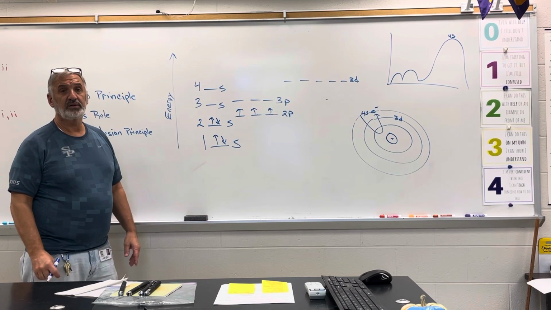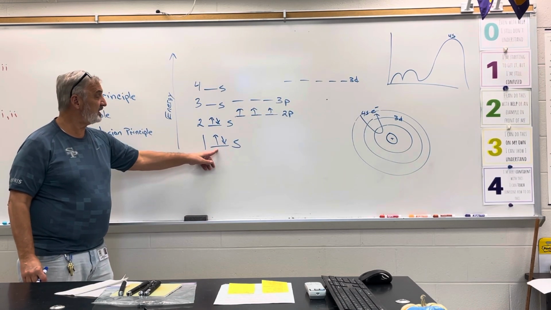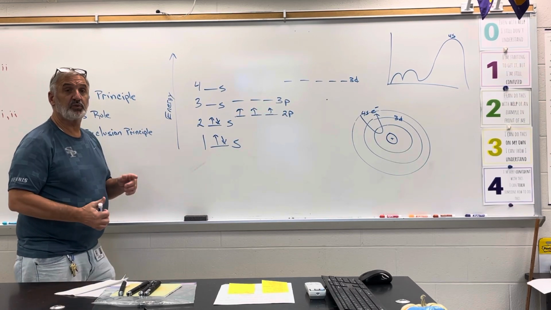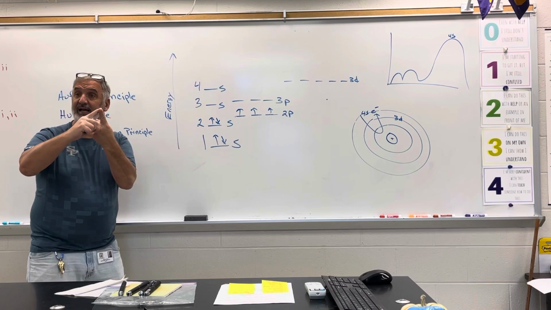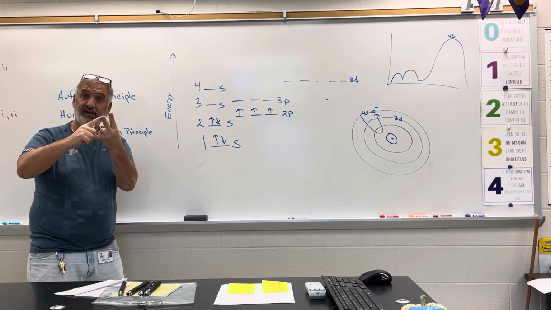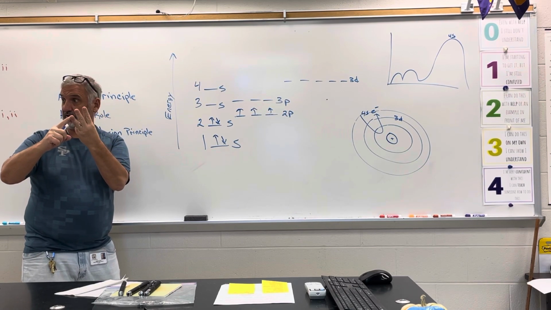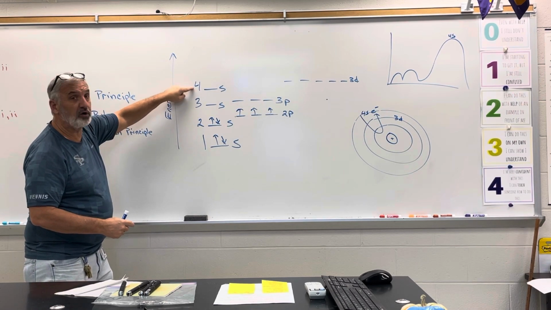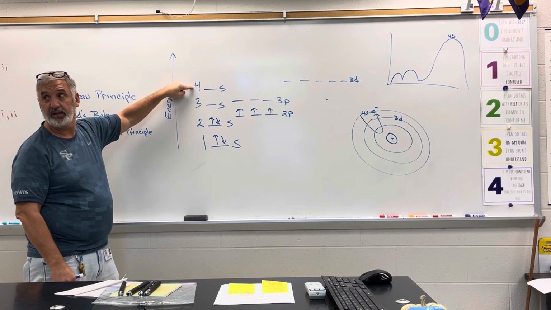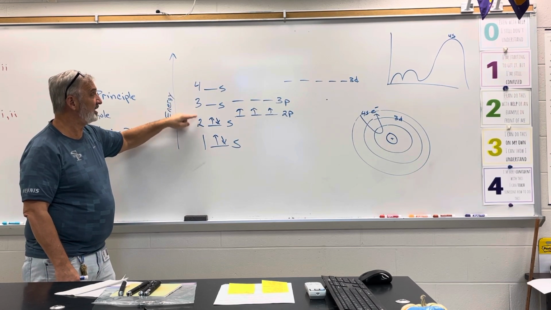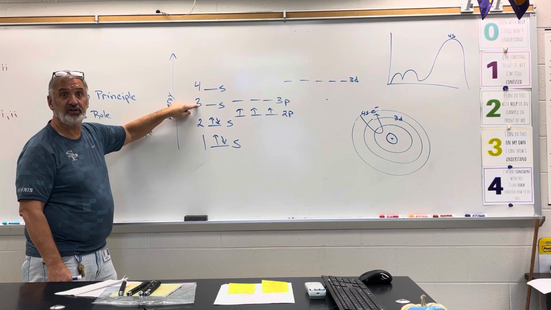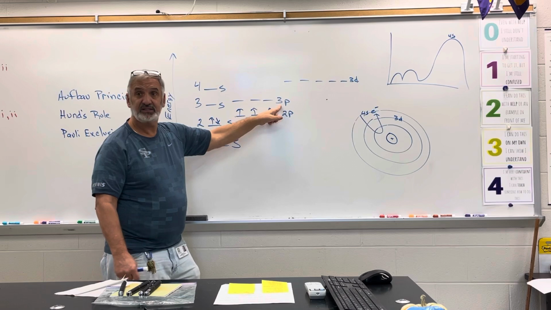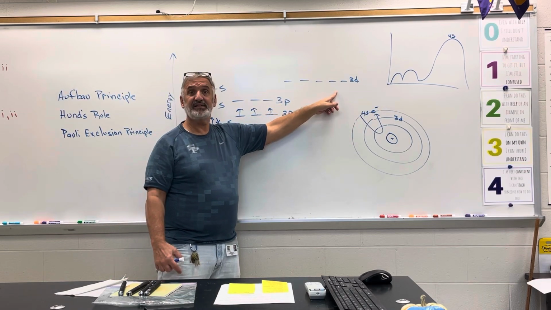What would you call each one of those lines? Okay, good question. We want to differentiate between 3 things: energy level, energy sublevel, orbital. We have the first, second, third, fourth energy level. Let's just go to the third energy level. We have an S sublevel, a P sublevel, and a D sublevel.